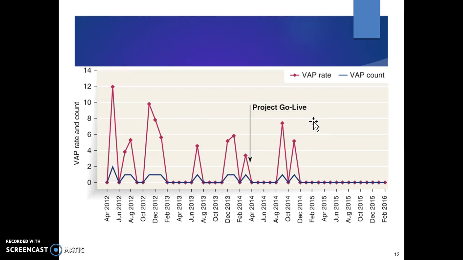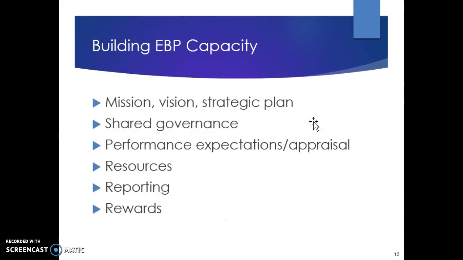This graphic shows the ventilator-associated pneumonia rates and counts, and that was just a way to show the effect when they implemented the change. You want to be able to have the ability to build EBP capacity and knowledge and know how that works to be an excellent leader.